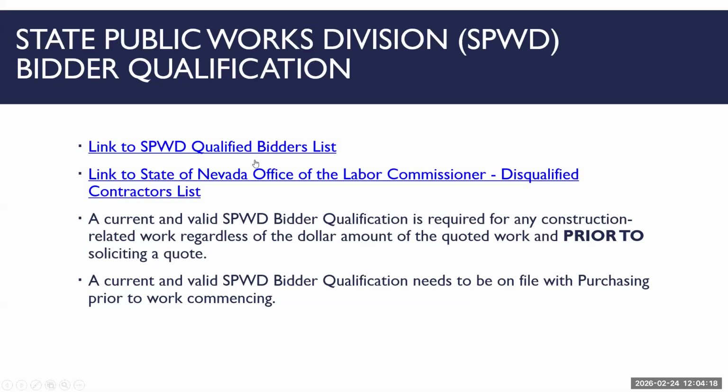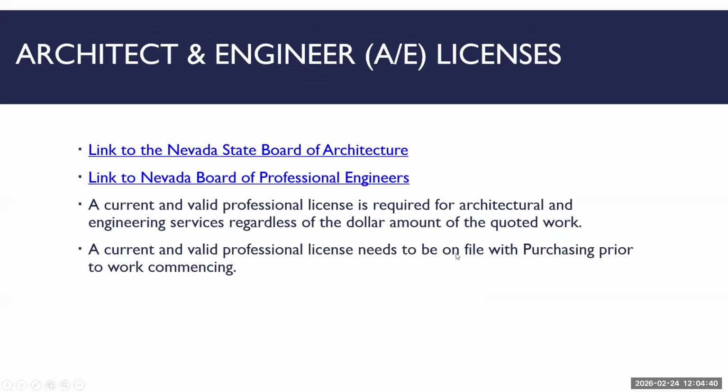Again, very important information on these websites. We just want to make sure that we are doing it prior to soliciting a quote, and you're following all the policies and information on that. Again, we could go into more details, but this is a good reference point for any of these bidder qualifications.